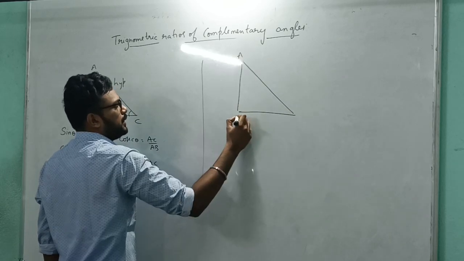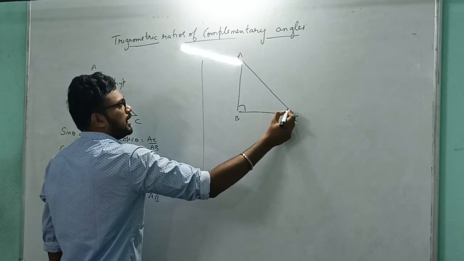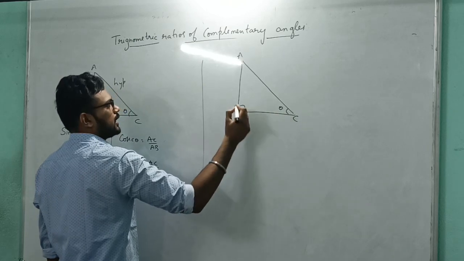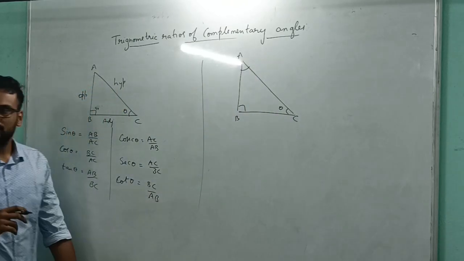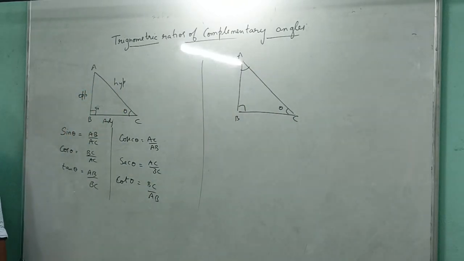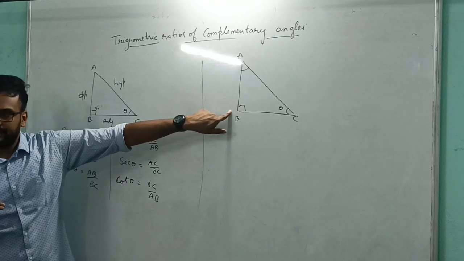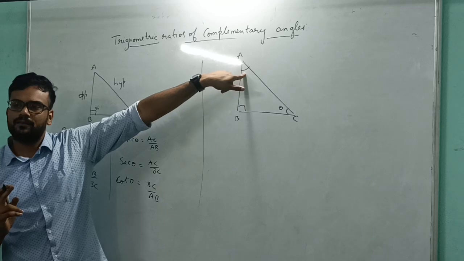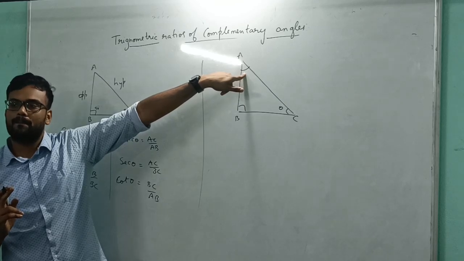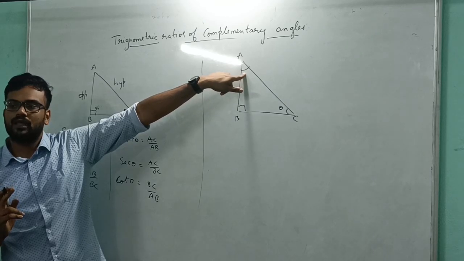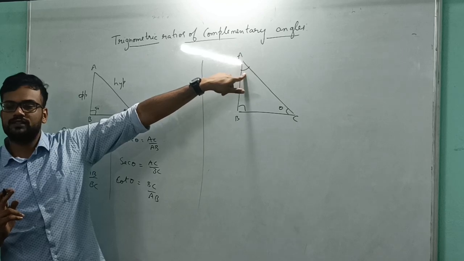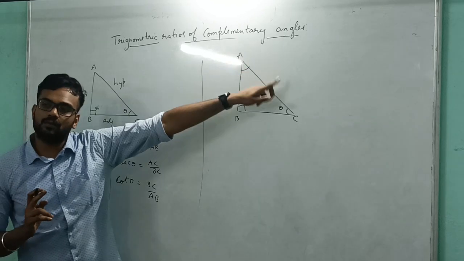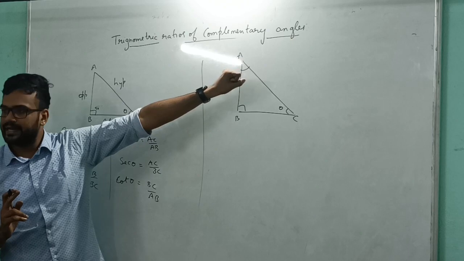Now, in the same triangle ABC, if this is theta, what will be this angle? This angle is 90 degrees. This angle is theta. What will be the value of this angle? What is the sum of all the angles of a triangle? 180 degrees, correct?